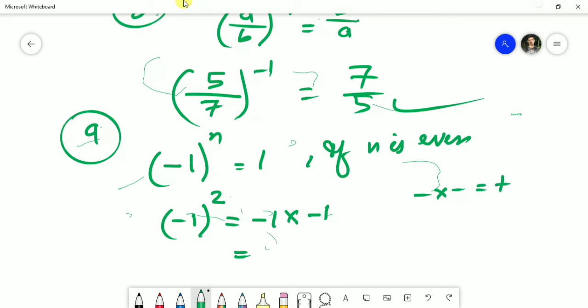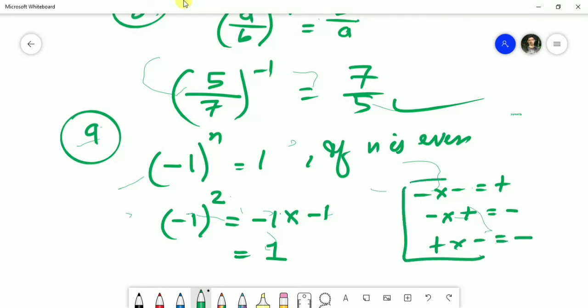So we'll have the answer 1, because 1 ones are 1. Anything with a minus stays minus; only minus into minus is plus, otherwise plus into minus is again minus. So you have to remember this also. Keep this in your mind. So this is your 1.